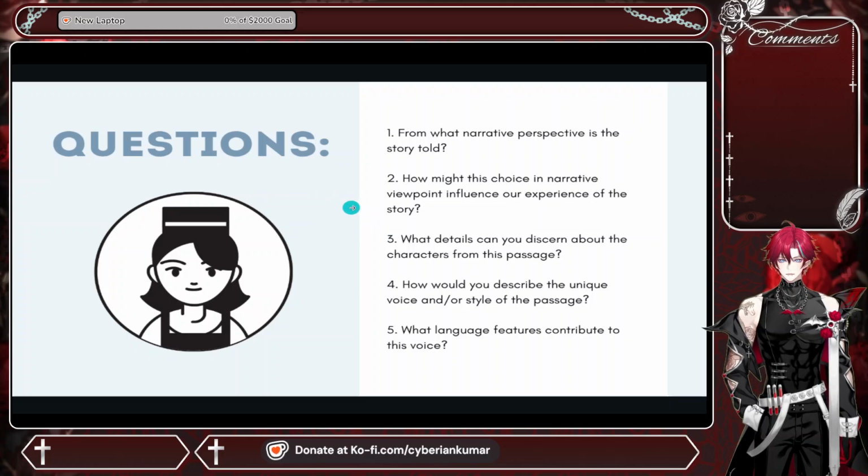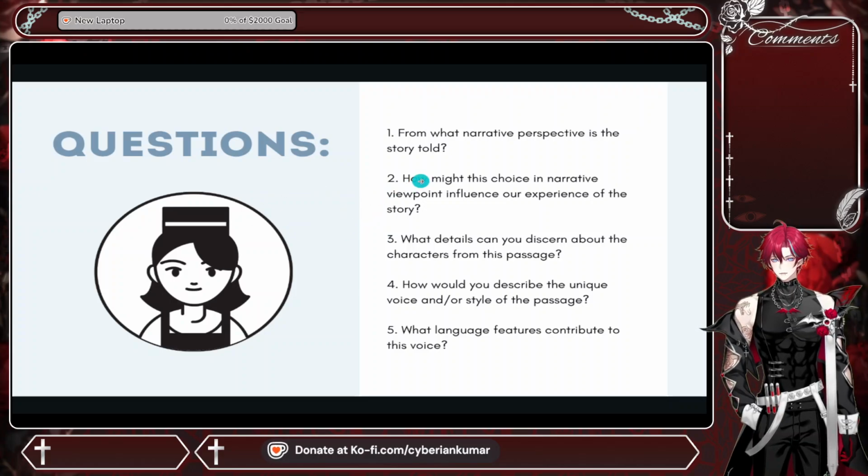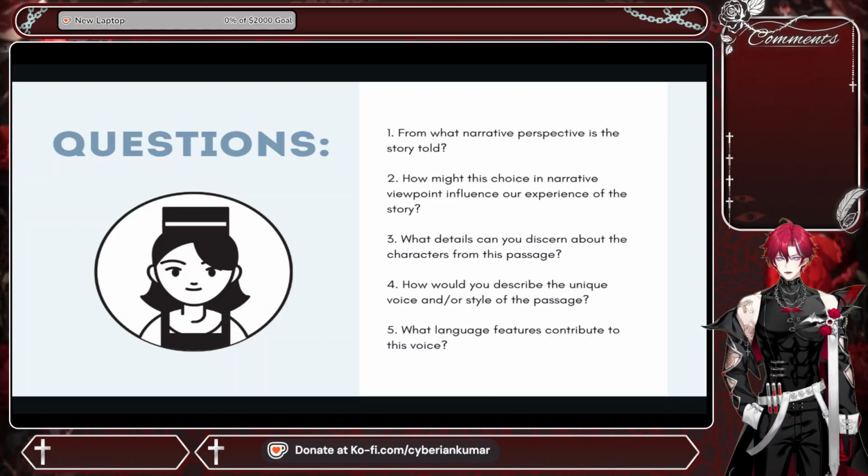The questions you should ask while reading the passage are: from what perspective is the story told? You have to first identify that. Second, how is this narrative viewpoint influencing your experience of the story? The third point is how you discern the characters from this passage, what you could figure out about the characters.